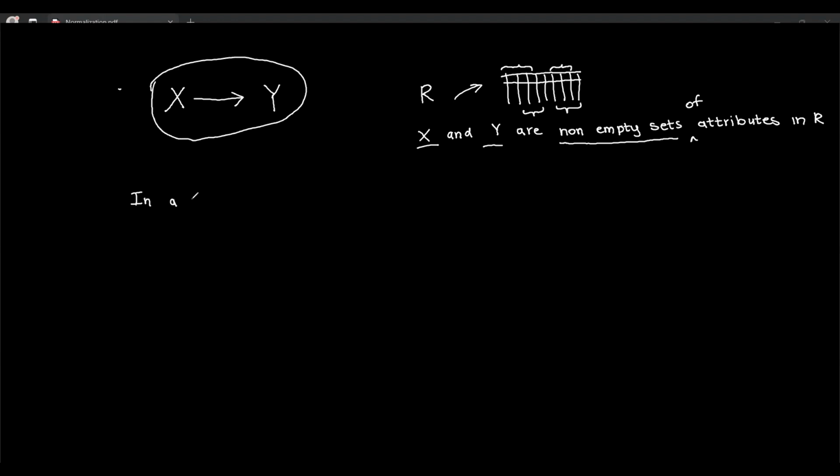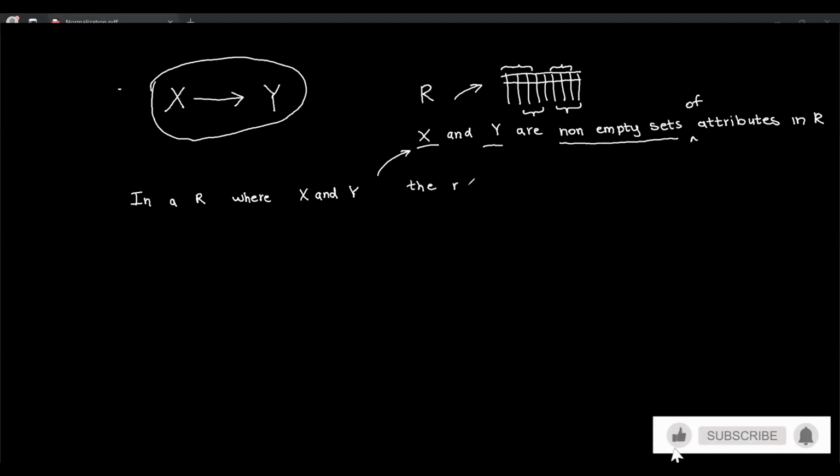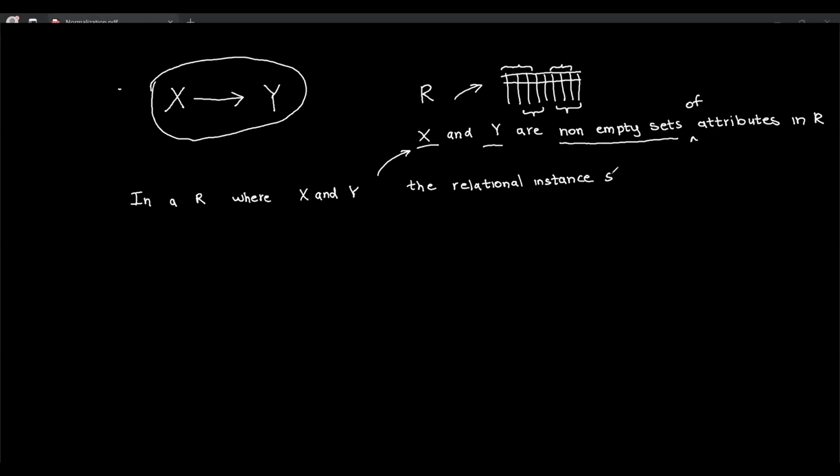In a relation R, where X and Y are non-empty sets of attributes in R, the relational instance, simply r or lowercase r of relation R. Okay, now we have a relation, we have two non-empty sets of attributes.